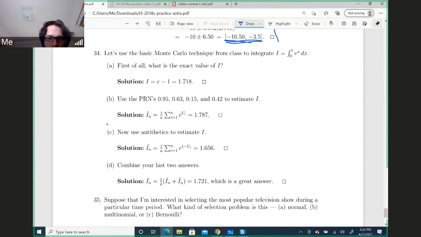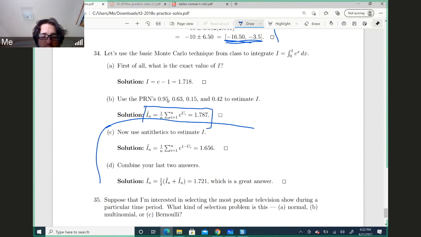However, parts C and D use the method of antithetics to estimate I. All that really is doing is you use the first method with these pseudo-random numbers, and then you do the same thing, but instead of using the ones that are provided, you use 1 minus those numbers, and you get a slightly different answer. Then you just average this answer and this answer to get that answer.